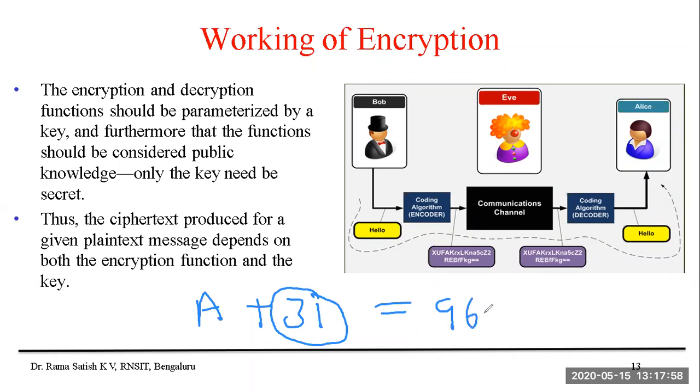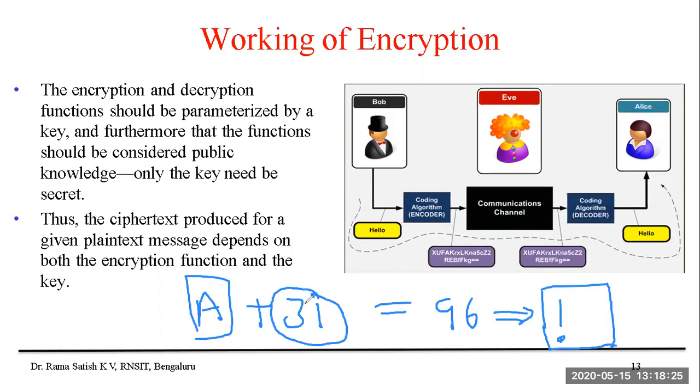65 plus 31, you get 96. For 96, there is a character, the exclamatory character. So capital A is represented as an exclamatory mark, and wherever you have A, it is represented as exclamatory.